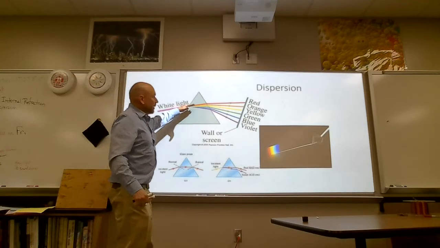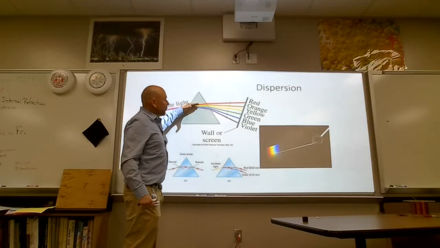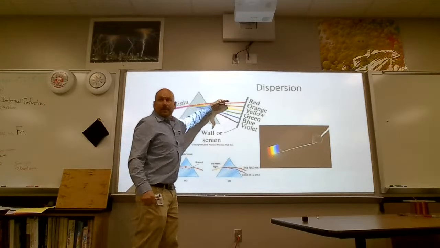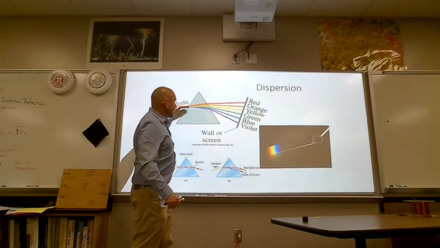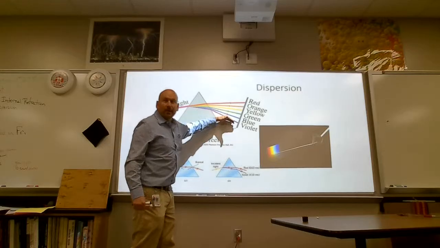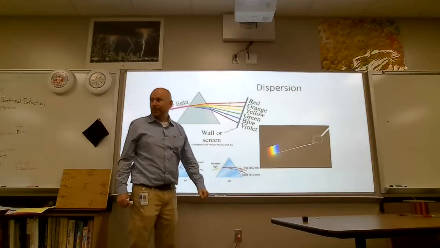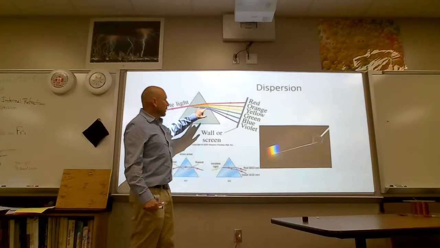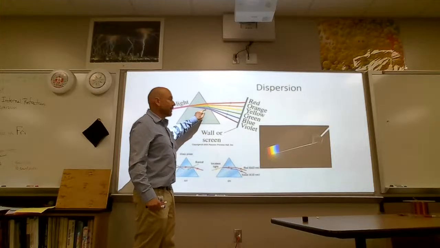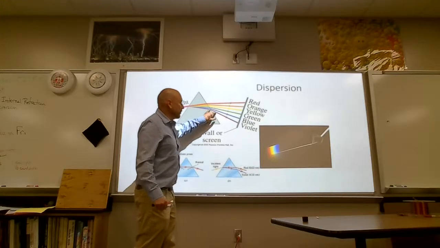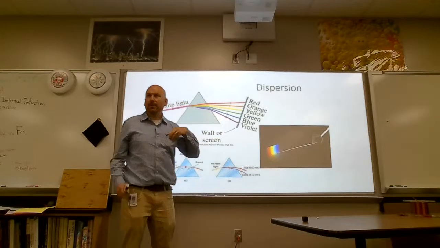Red light refracts the least. Purple and violet light refracts the most. The shorter the wavelength, the more it interacts and the slower it goes, so the more it bends.